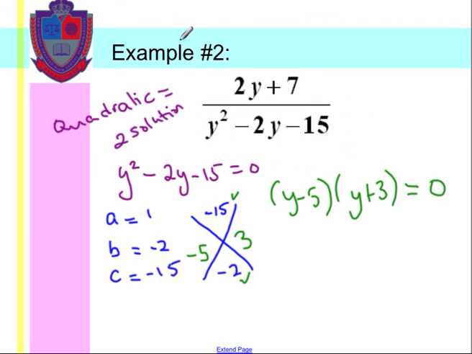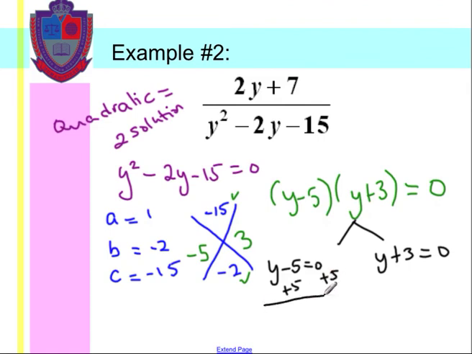So this is where we branch off. We have two things here that we need to look at. Remember, as a quadratic, we're getting two answers. So we get y minus 5 equals 0, and I also have y plus 3 equals 0. If I add 5 on both sides, we get y equals 5.